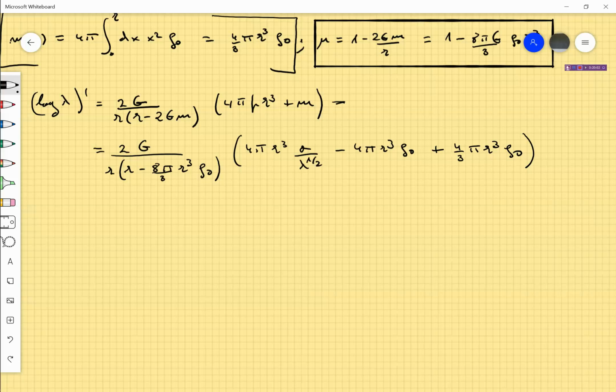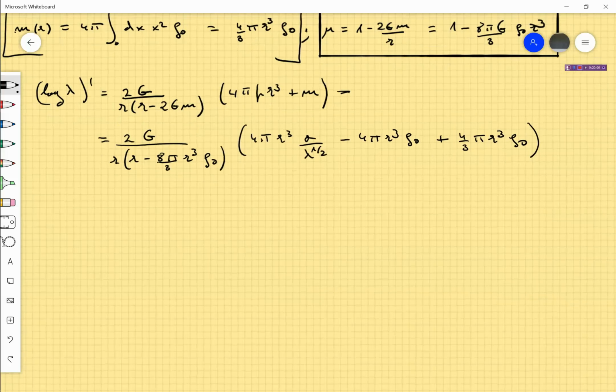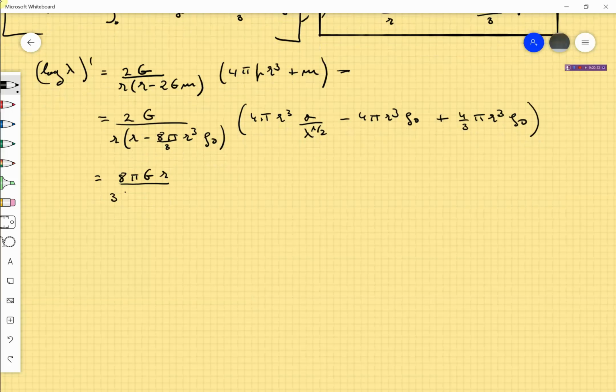In fact, I think divided by 3 would be better, so I get 8 pi g r divided by, okay, factor of 3 here, and then 1 minus 8 pi g divided by 3 r squared rho 0.